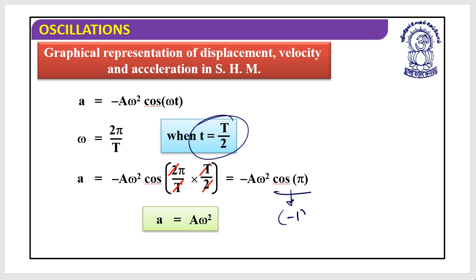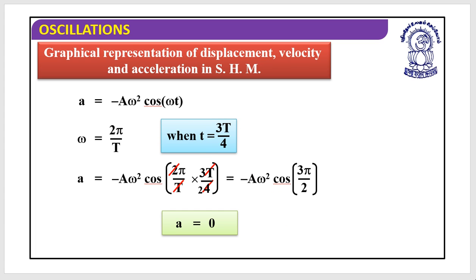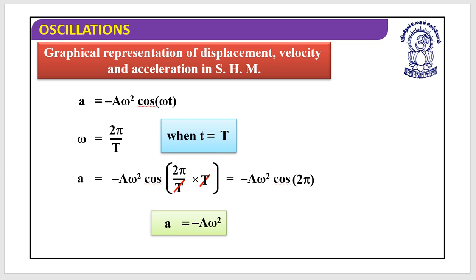Cos pi is minus 1, so minus times minus is plus 1, which will give you the acceleration equal to a omega square. Next, t is equal to 3T by 4. This was the relation: 2 pi by T multiplied by 3T by 4. This T has gone, this has gone. It was 3 pi by 2. This cos 3 pi by 2 would be 0. 0 multiplied by anything would be 0.